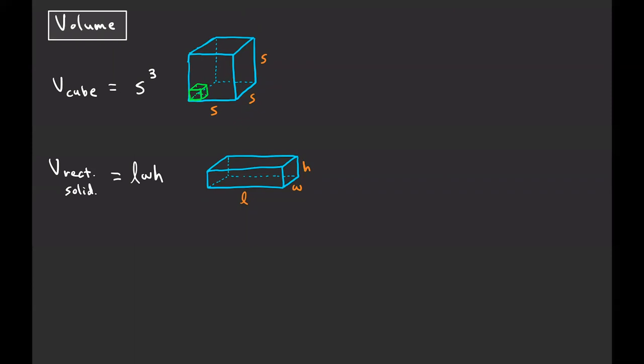And then the question would be, okay, how many blocks does it take to fill up this entire volume that we're looking at, right? We're trying to fill this entire thing. How many of these blocks does it take? And then I could put them in here and just say, hey, how many blocks does it take? And that's just what volume says. And we have formulas for a quick way of doing that. So we'll get rid of that little green block. We don't need to see that. We'll move on to a little bit more complicated, but not too complicated here.